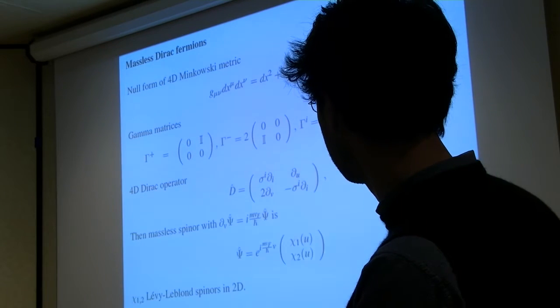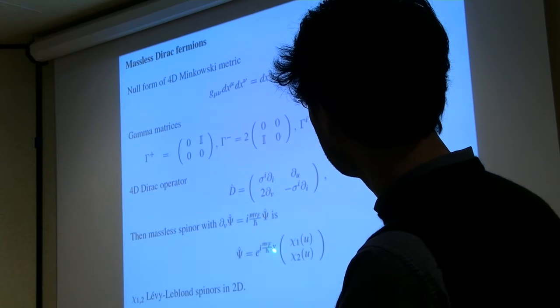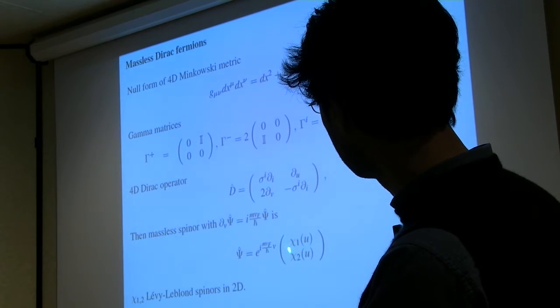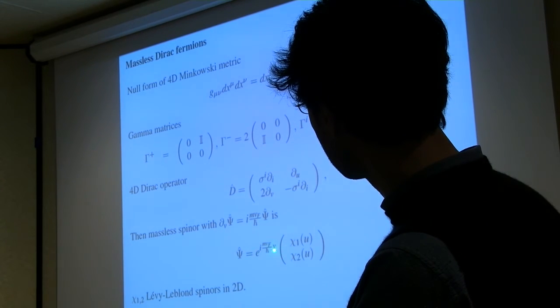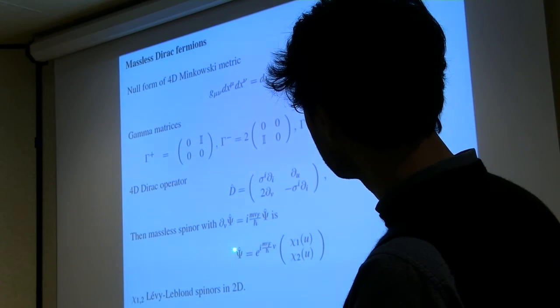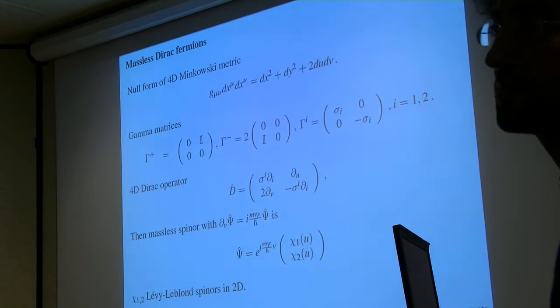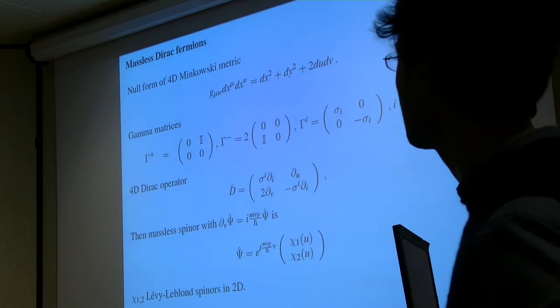And just skipping on all the details, I can guarantee that if you take the two Lévy-Leblond spinors and you compose them in this fashion and add a dependence on the v coordinate, one of these null coordinates, you get a spinor living in 4D and which is now massless. So in a way you're going back to the old story of massless spinors in graphene.